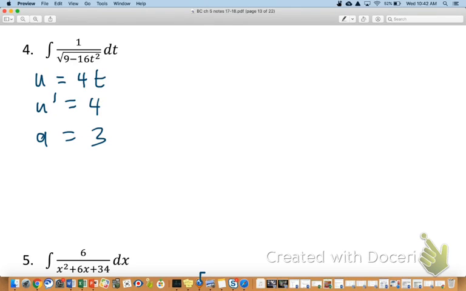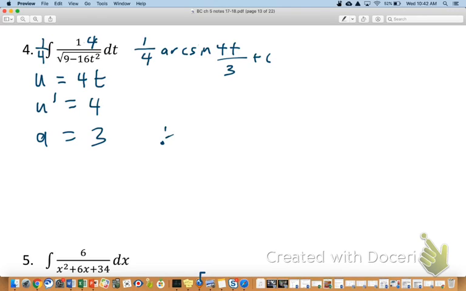What is the numerator supposed to be? 4. Yeah, it's supposed to be u prime, and it's not. So he's messed it up. So I just go times 4, and times 1/4. Did you guys get 1/4 arcsine of 4t over 3 plus c?